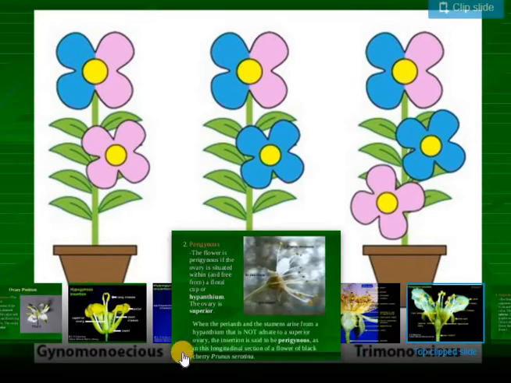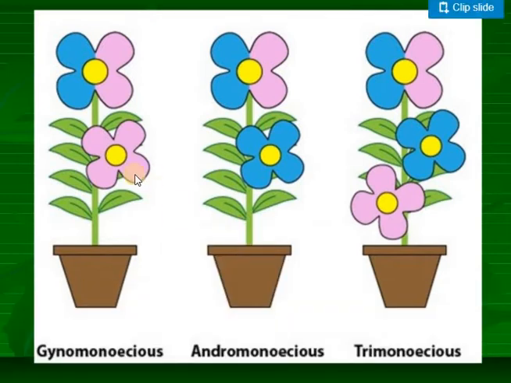And if a female flower is present along with a bisexual flower in a plant, it is called gynomonoecious.